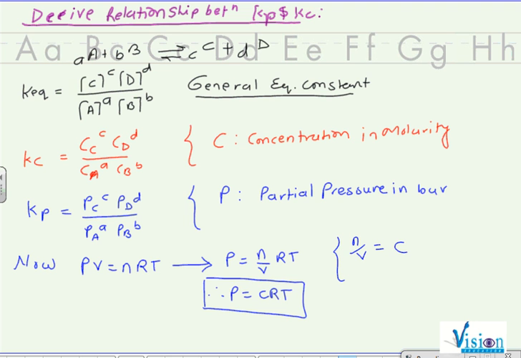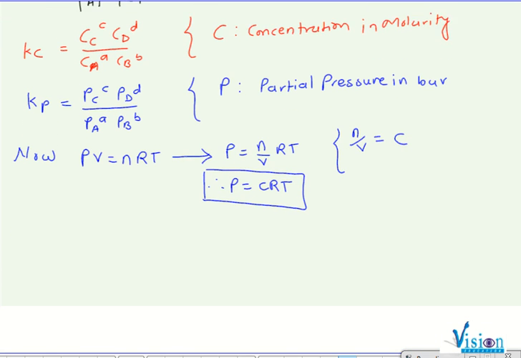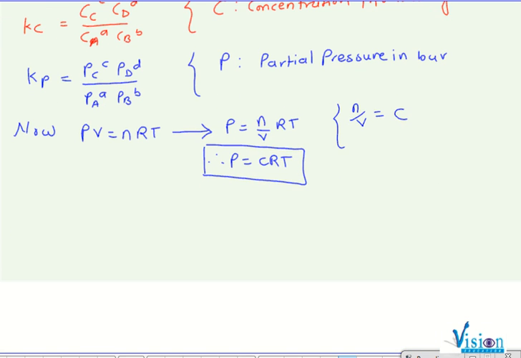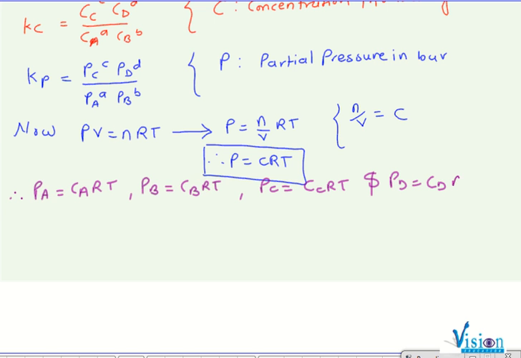Is this understood? P equals क्या मिला आपको? CRT. Correct है ना? So hence, if I continue the same point, therefore PA will be equal to क्या मिलेगा? CART. PB equals CBRT, PC equals CCRT and PD equals CDRT.